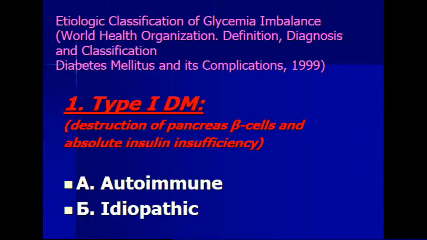Now we'll consider classification of diabetes mellitus. First group, type 1 diabetes mellitus, when destruction of pancreas beta cells and absolute insulin insufficiency. There are two variants, autoimmune diabetes mellitus and idiopathic.